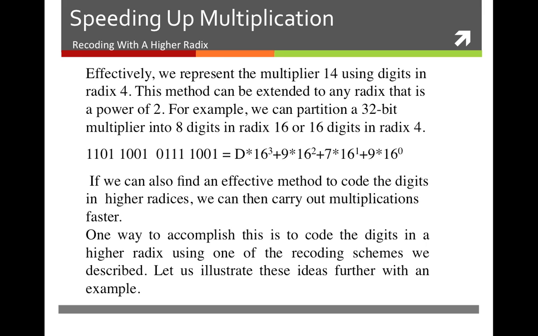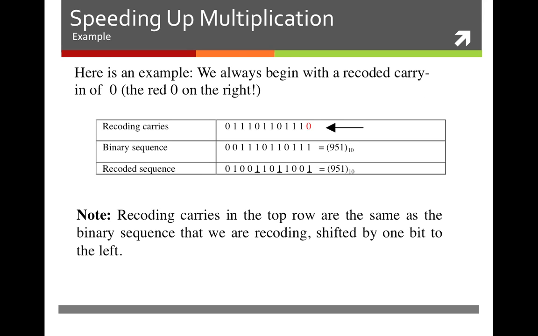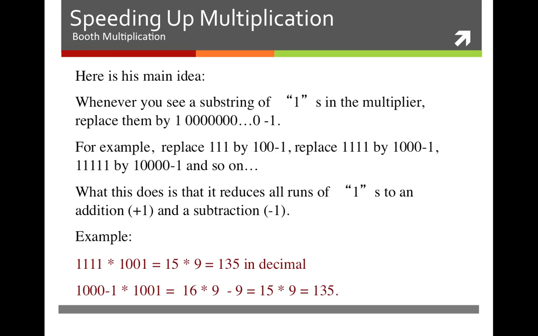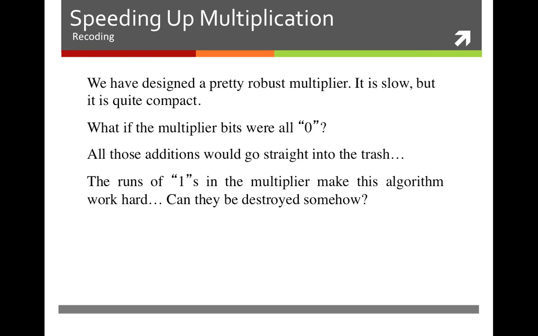Okay, so let's just go through this also. So in this speeding process, let me just back up a little bit, and then we can talk about this. So that was the example which we just completed. So speeding up multiplication here really refers to these unnecessary additions of the multiplicand to the partial product when we have 0 bits in the multiplier.